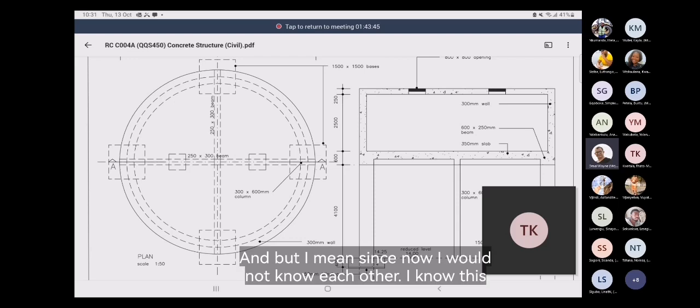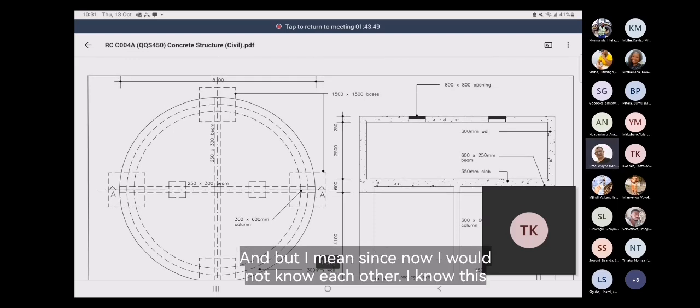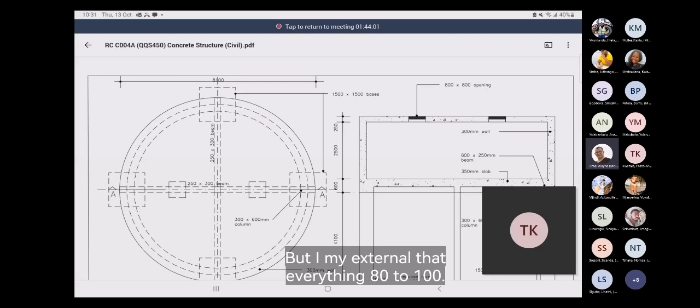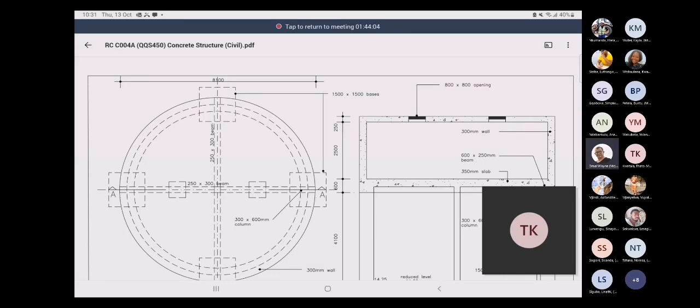And my dimensions now, I'm going to determine. I notice first and foremost that my external diameter is 8 meter 100. You see the 8 meter 100? Okay?